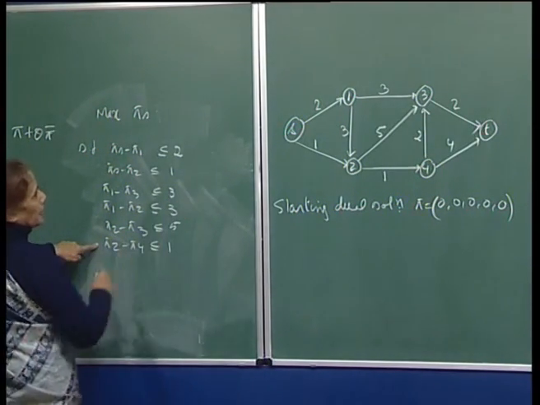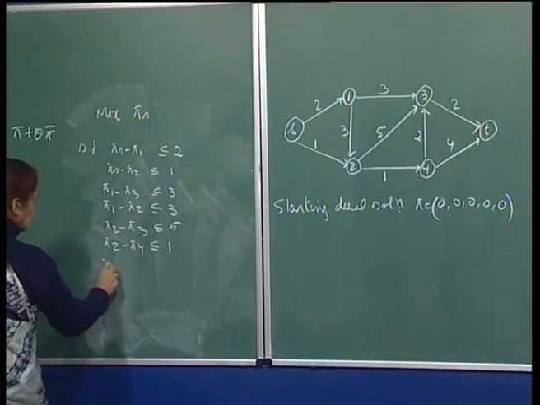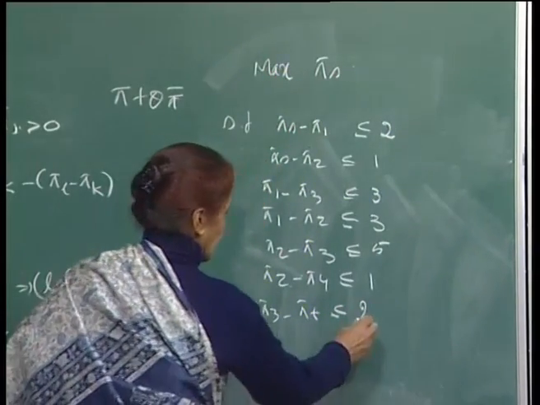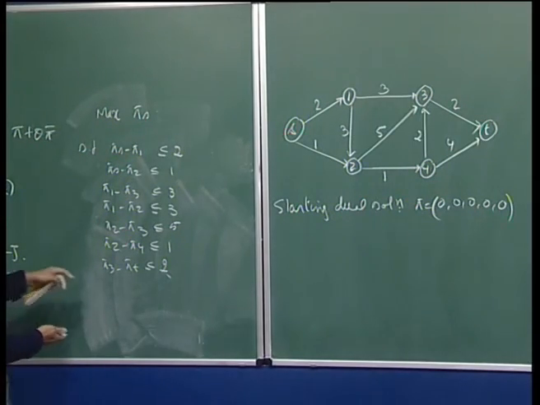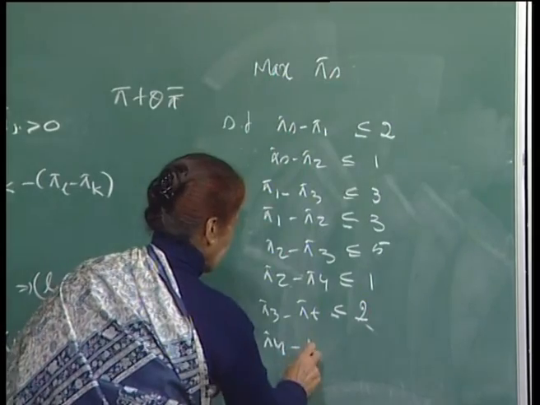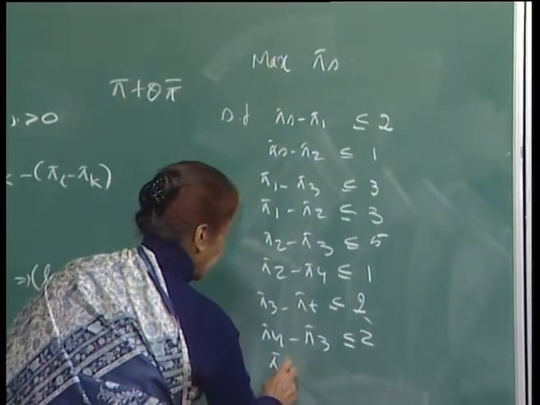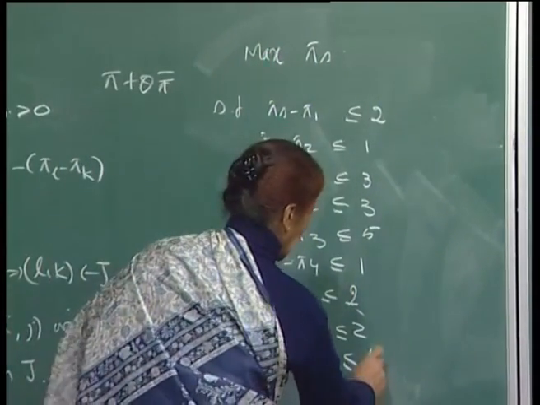Then you have 3 to t, so pi 3 minus pi t less than or equal to 2. From 4 you have pi 4 minus pi 3 less than or equal to 2, and pi 4 minus pi t less than or equal to 4.